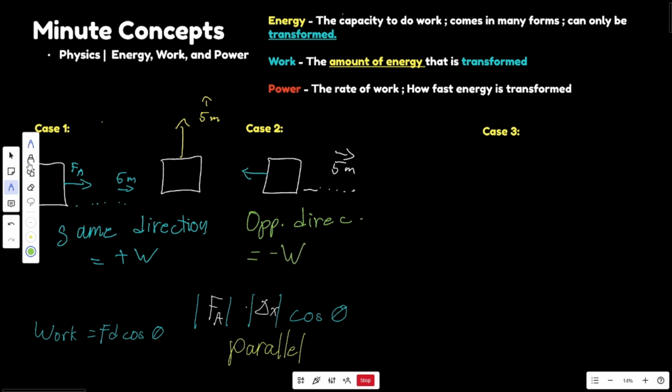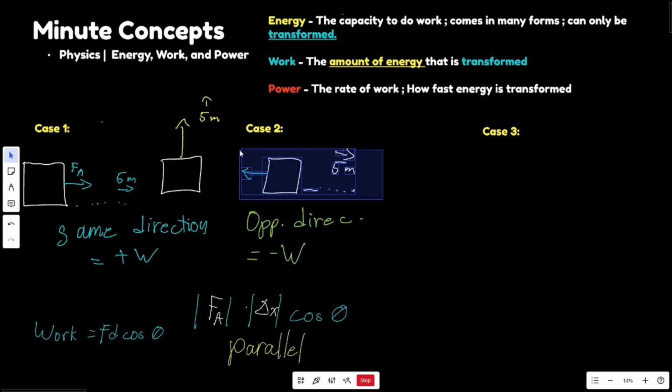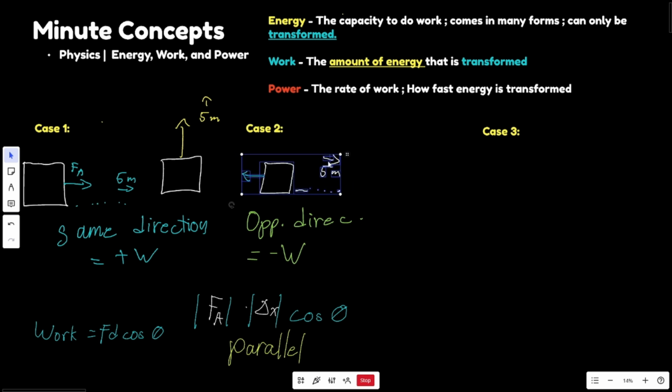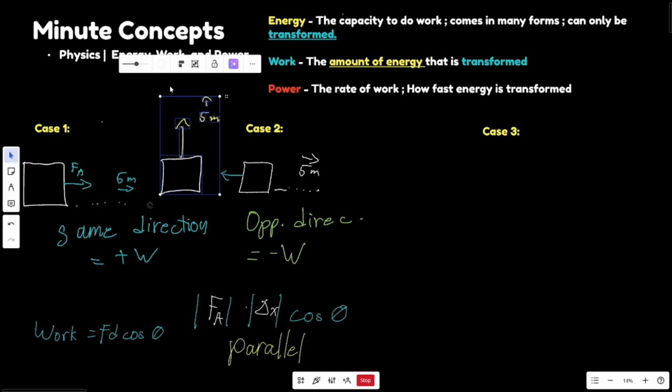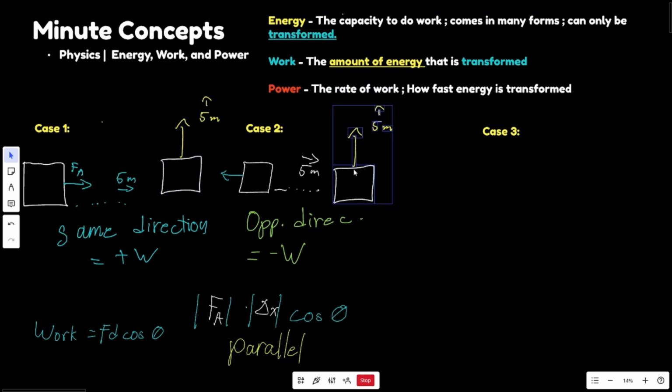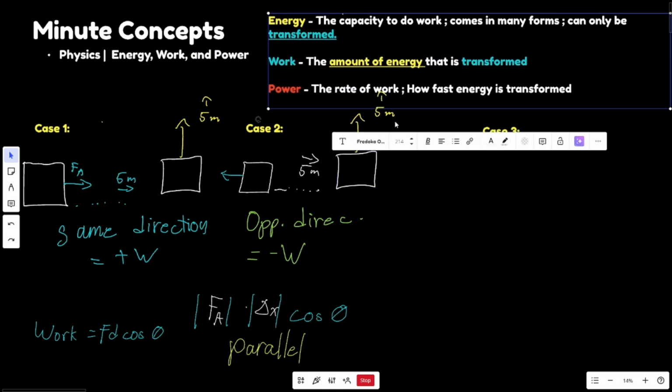What's another example of this? We can actually use the lifting a box question again. So let's say we're given a question, same thing here, same box, same direction. However, this time, what is the work done by gravity?